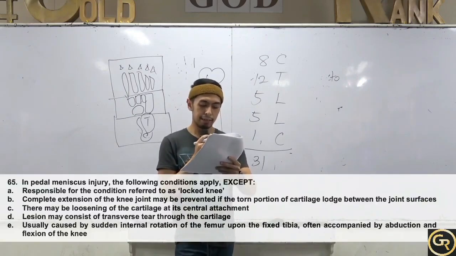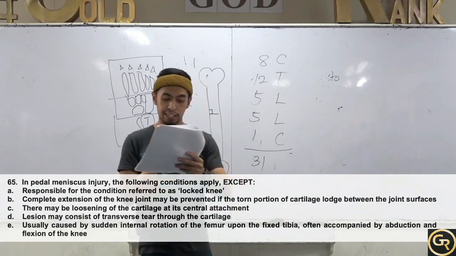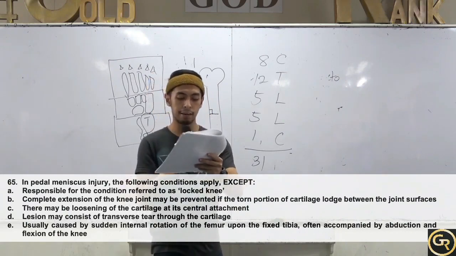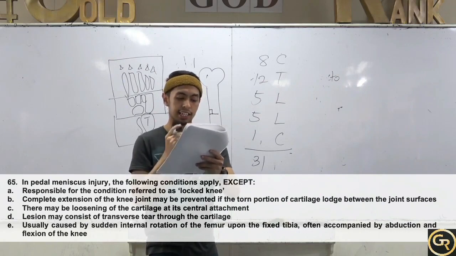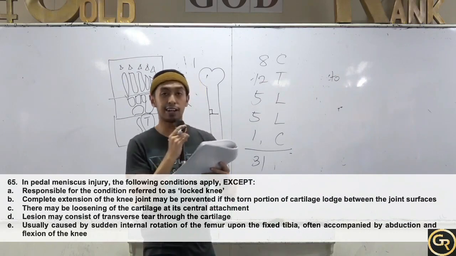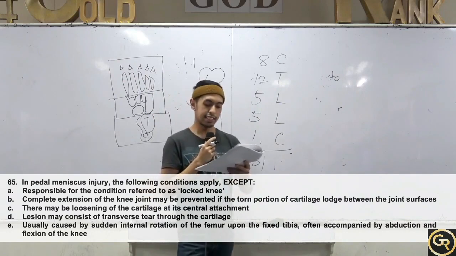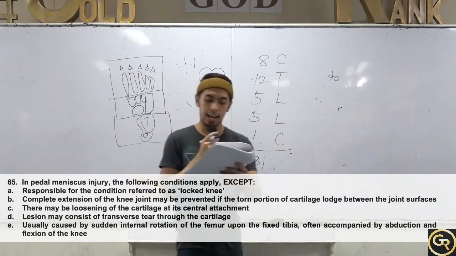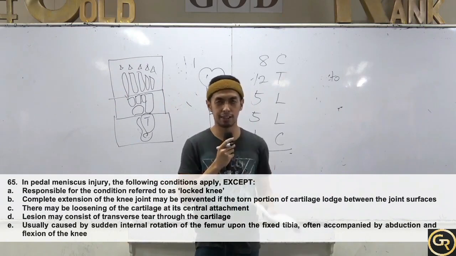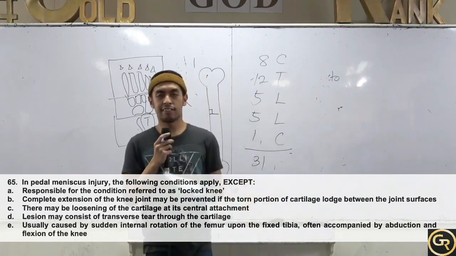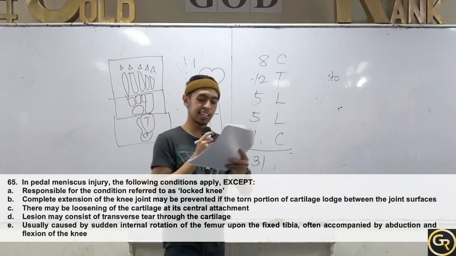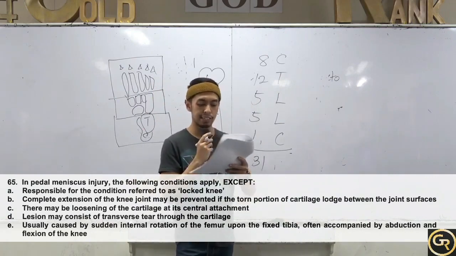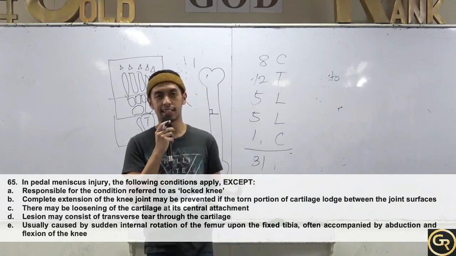65, in meniscus injury, the following conditions apply except blank. Which one is wrong among our choices? If you look at your letter cat, it says there may be loosening of the cartilage at its central attachment. Is that correct? Based on a journal, The Knee Disorders, the wrong part of this statement is the central attachment.